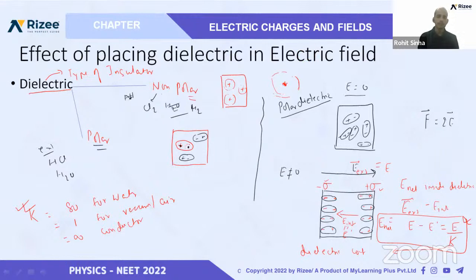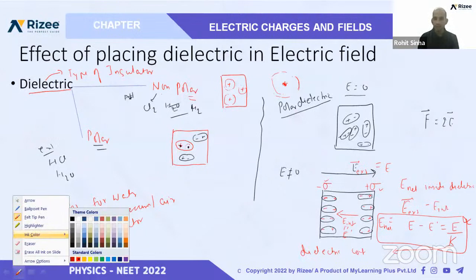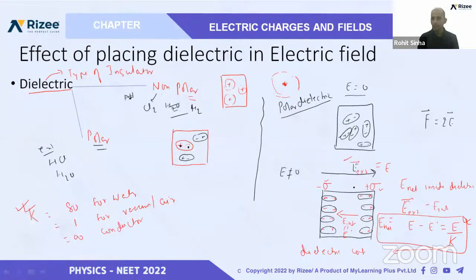Now let us see what we have seen. We have seen that the external electric field has applied forces and the charge is distributed like this. Suppose I increase this electric field up to a large amount. What will happen?